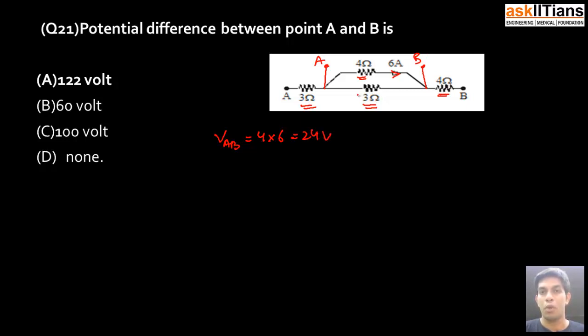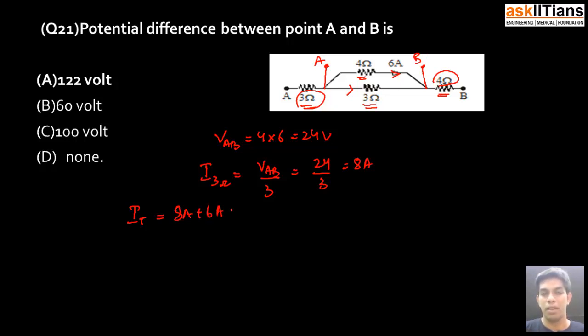So the current flowing across the 3 ohm branch, I3 ohm, will be VAB divided by 3, that is 24 divided by 3, which gives me 8 ampere. So the total current flowing through this 3 ohm and this 4 ohm is IT equal to 8 ampere plus 6 ampere, which is 14 ampere.